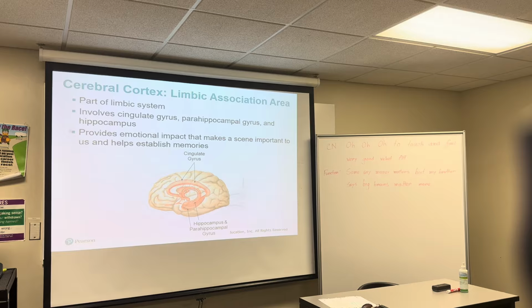The way to increase the size of the hippocampus is a lot of exercise and things like that. It provides emotional impact, making a scene important to us, and helps establish memories. The limbic system is associated with all emotion.